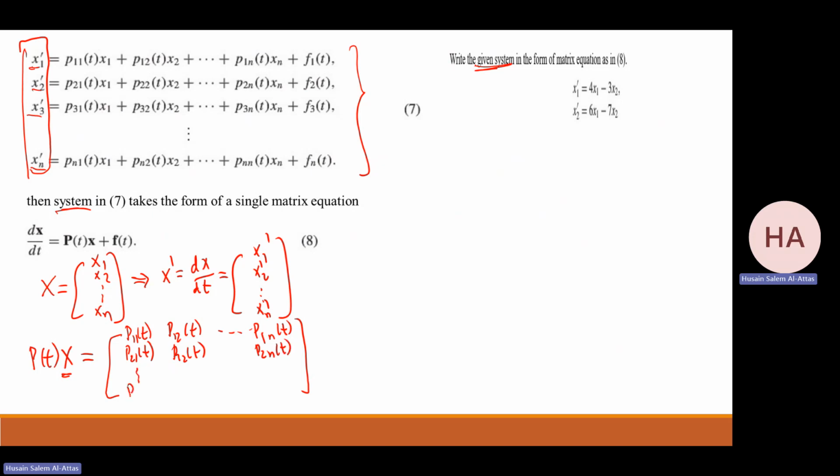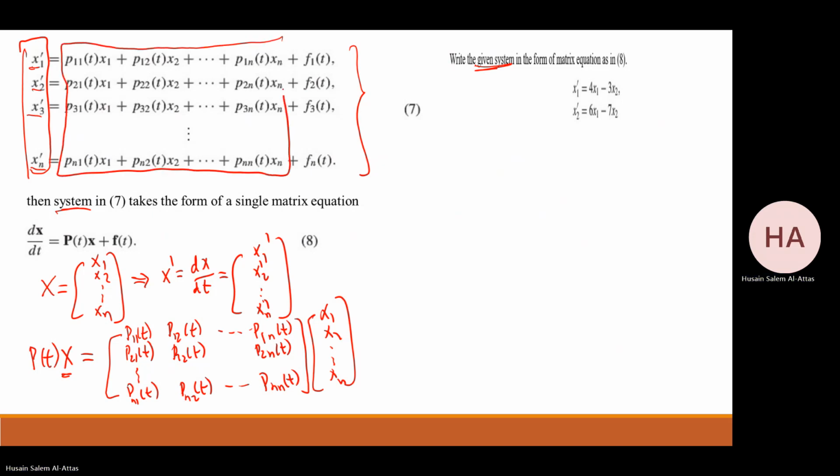And this is pn1 of t, pn2 of t, pnn of t. This is times x1, x2, up to xn. And this is this block.